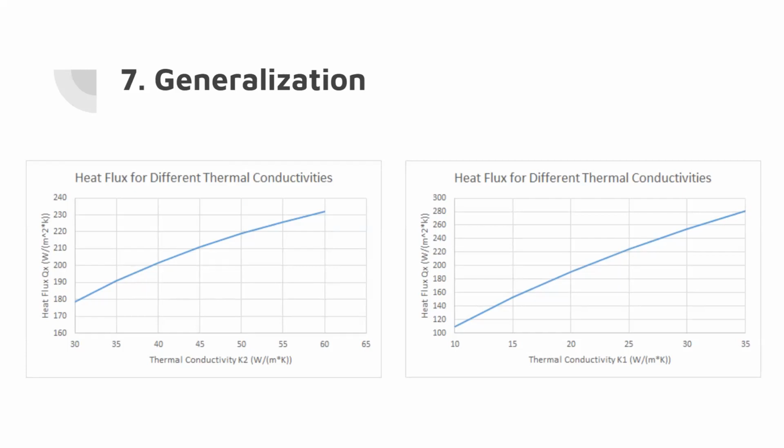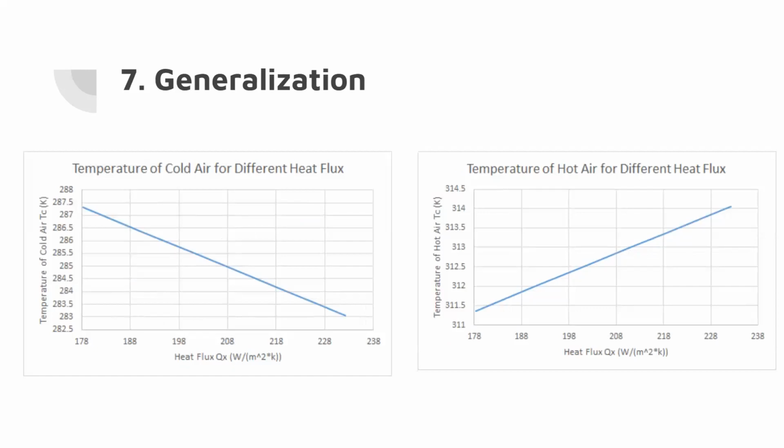But as you can see, as we increase the thermal conductivity, heat flux increases. And as we have higher heat fluxes, the temperature of the cold air decreases, and then we have higher hot air temperatures.